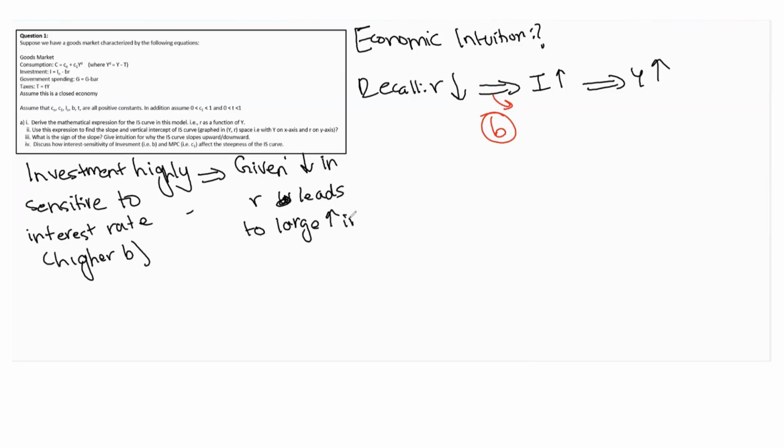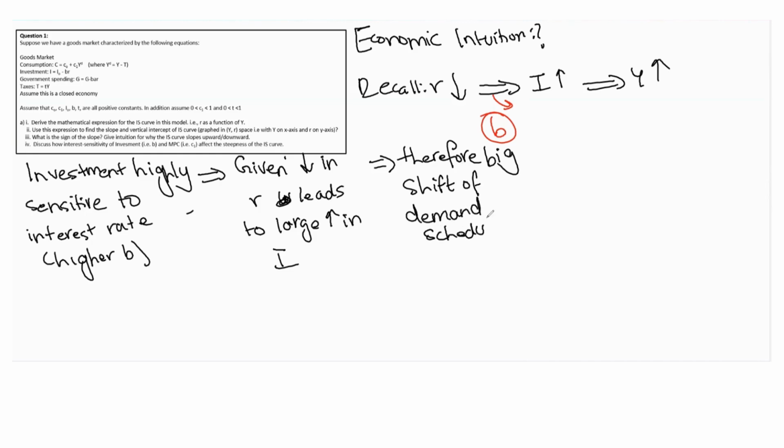Right, so for a given decrease, because investment is very sensitive or responsive to interest rate, when interest rate goes down, we'll see a very large increase in investment. And when there's a large increase in investment, therefore, there'll be a big shift of the demand schedule, a much bigger shift of our demand schedule when Z increases in our goods market model.